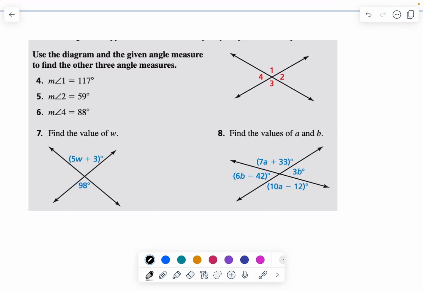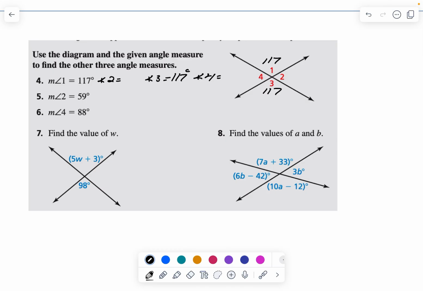We're not doing proofs today, but we're going to be using those properties of mostly vertical angles to solve for some missing pieces. So if the measure of angle 1 is 117, then notice angle 3 would also be 117. So we'll just put down here angle 2, angle 3, angle 4. So angle 3 would be 117.